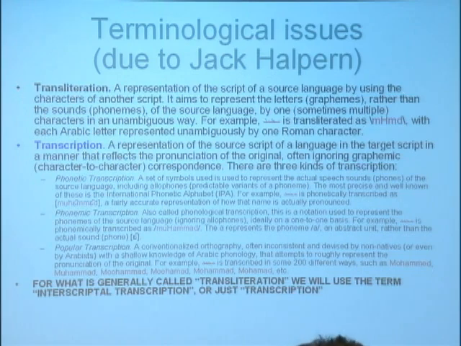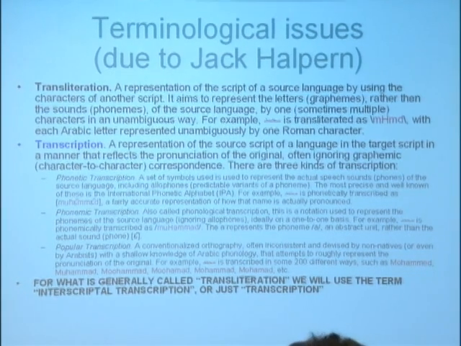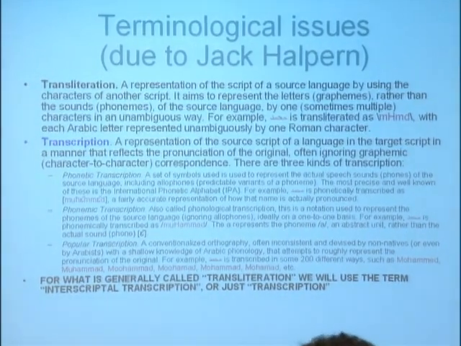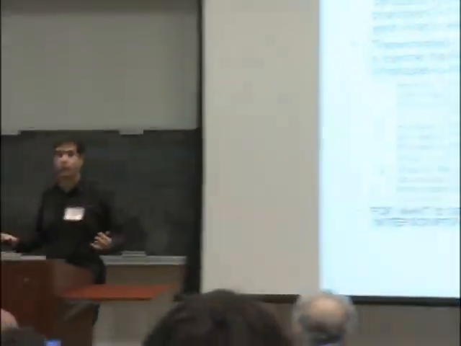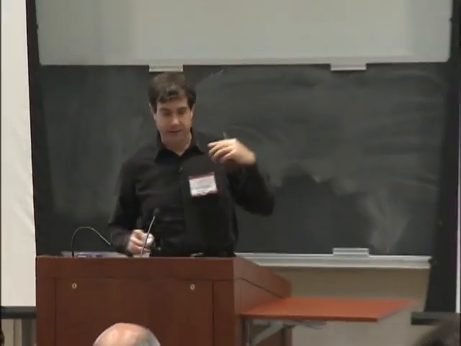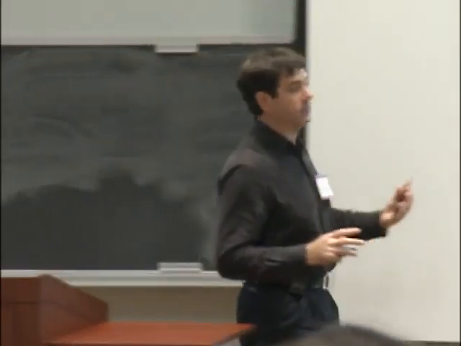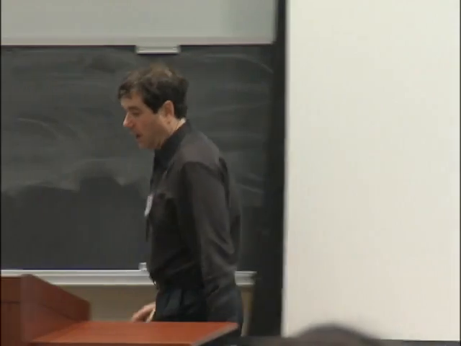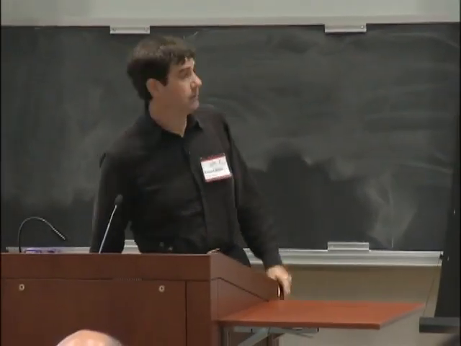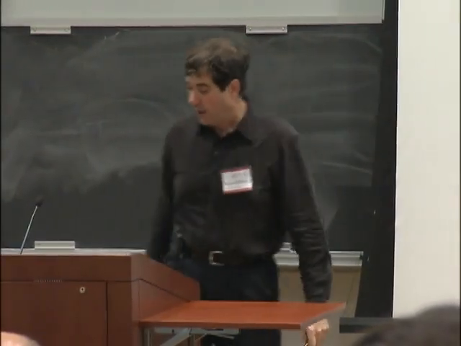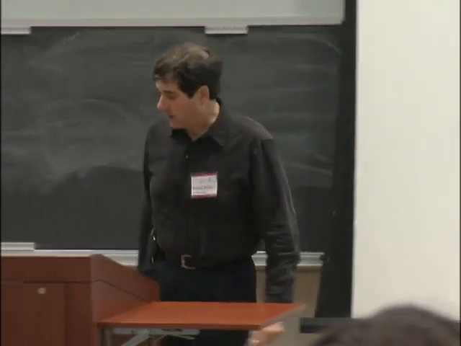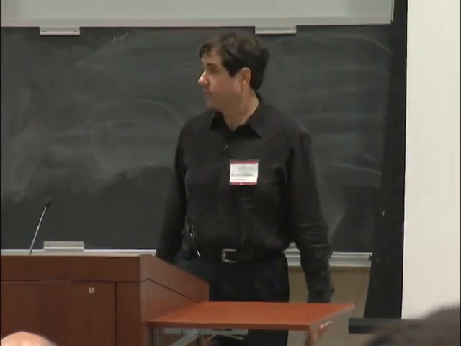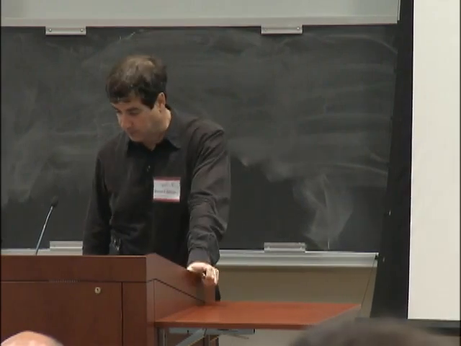Technically speaking, the term transliteration literally means a system where there's a one-for-one map between the symbols in one writing system and the symbols in another. And that really doesn't apply to most of the cases that we're going to be talking about. We're really going to be talking about transcription, and I'm going to try to stick to that term when I'm discussing the material we're going to be going over.